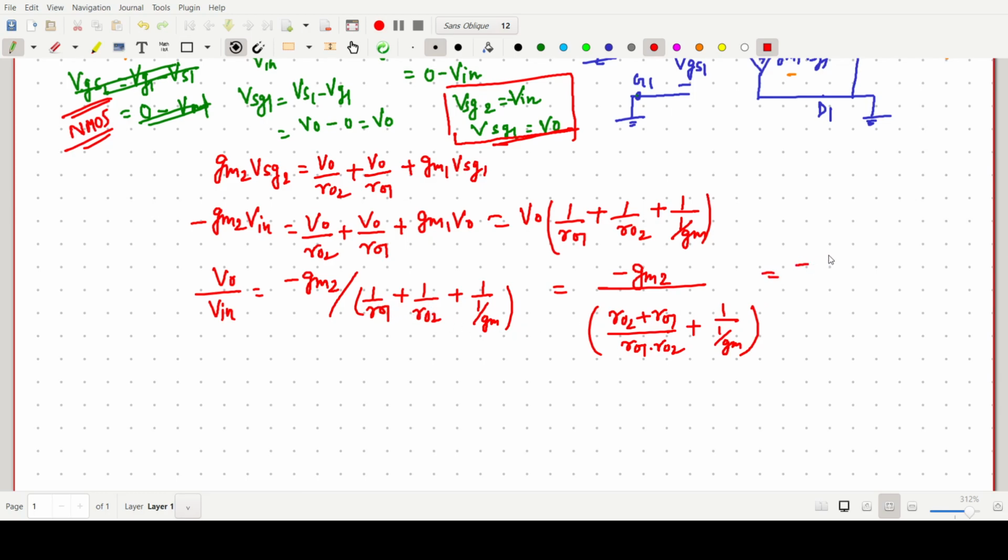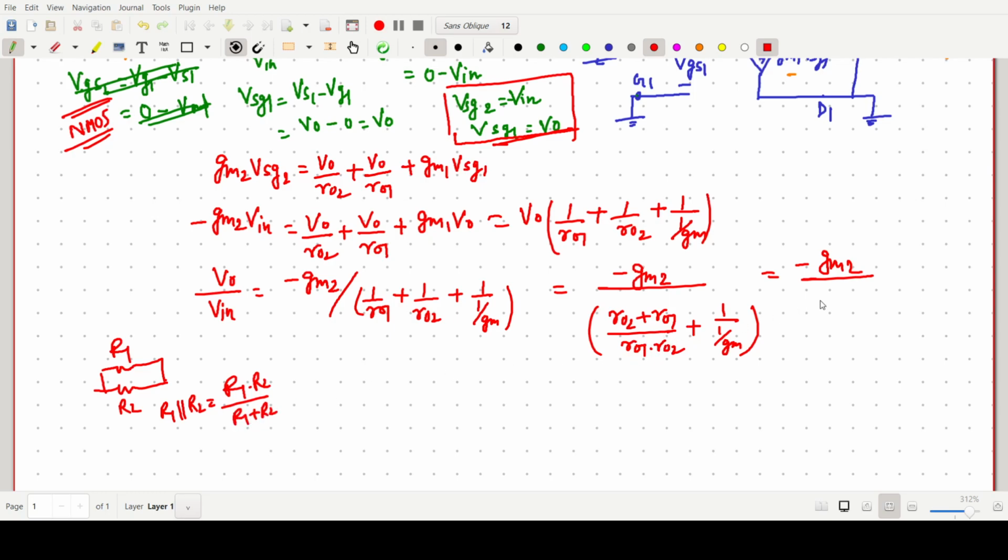So this expression will be minus gm2, and here there are two resistances R1 and R2. If R1 is parallel with R2, its value should be R1 R2 by R1 plus R2.